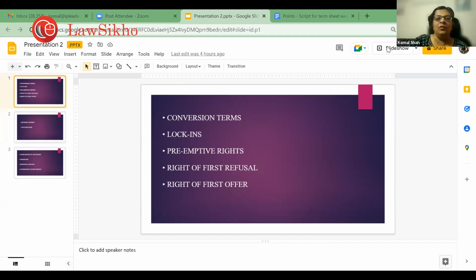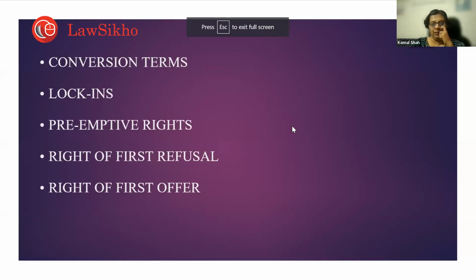Yeah. So these are the few things which you may want to think of. Conversion terms, maximum investments. If people are familiar, maximum investment will be in terms of preference shares. Why? Because it's an instrument which is suitable for a lot of different things.